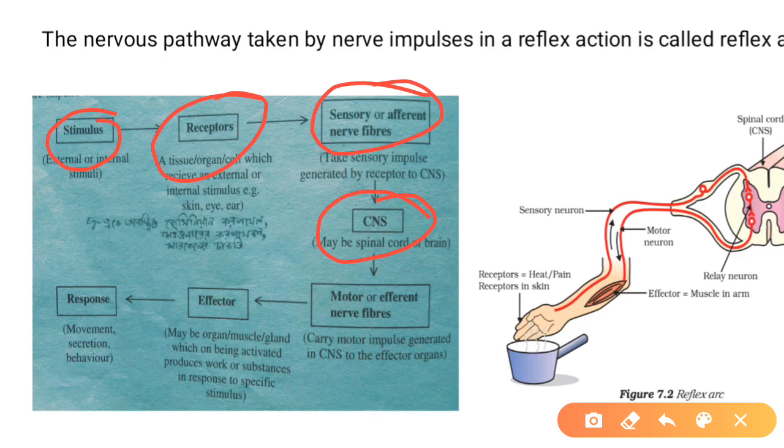So the spinal cord acts mainly in this process, and it sends the message to the effector to react through the motor nerves. That is why we respond, and our hand or the part of the body is removed from the stimulus.